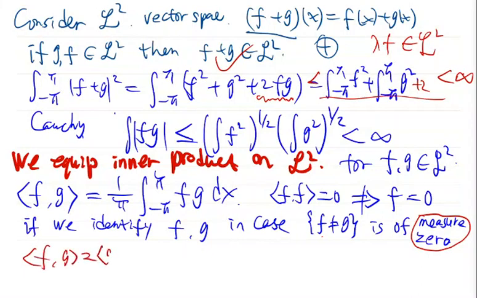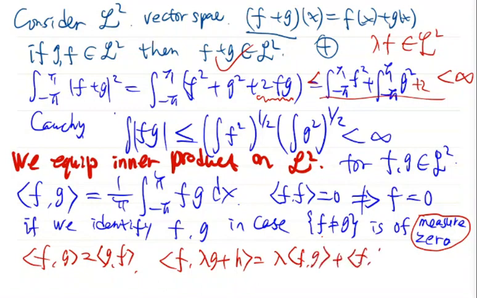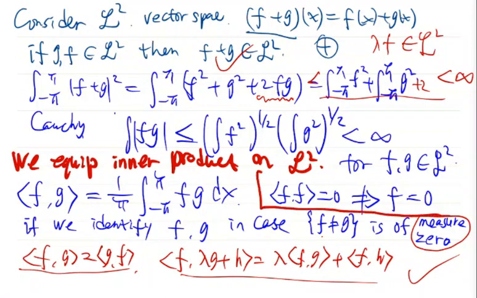The inner product of f and g equals that of g and f, and the inner product of f with lambda g plus h is lambda times the inner product of f and g plus that of f and h. So the other requirements of an inner product are true, except this one. The reason is that changing the value of f at finitely many points does not affect the integral.